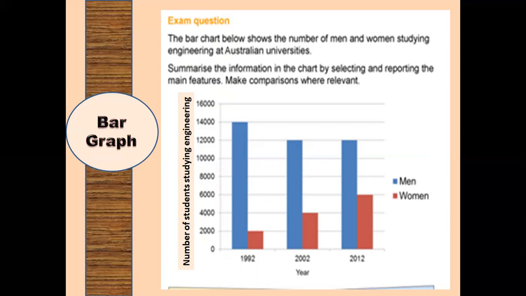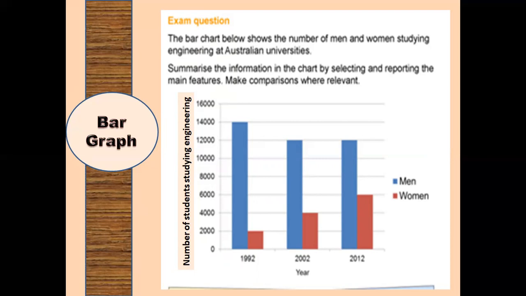But if we go to 2002, you will find that the number of women is increased, whereas the number of men is decreased. The number of men is decreased by 2000, whereas the number of women is increased by 2000. So this is the difference.